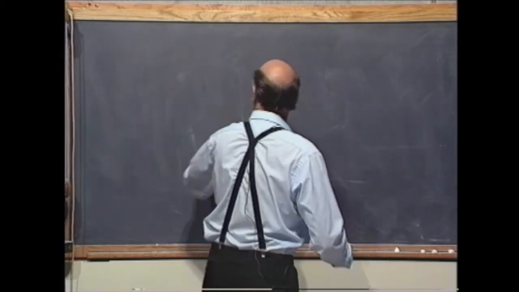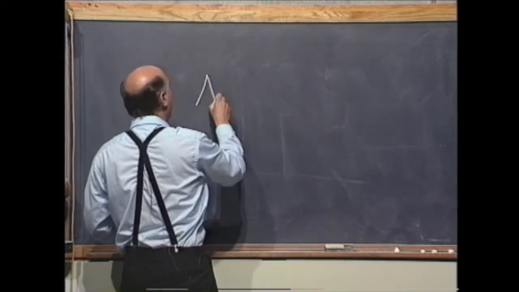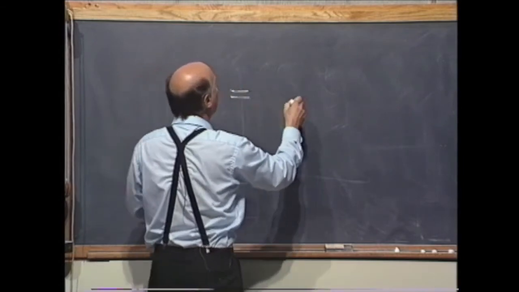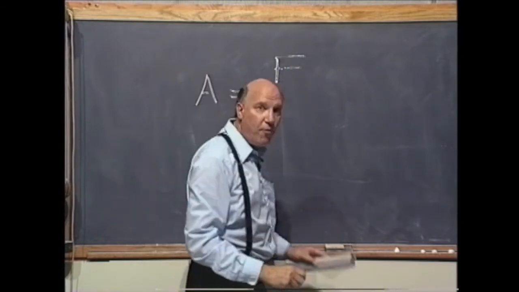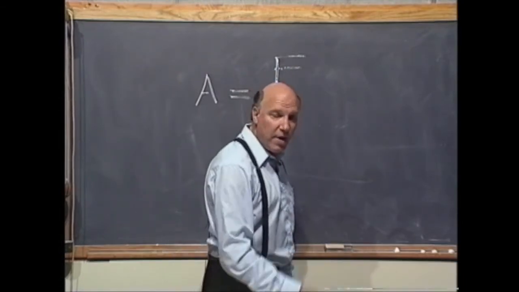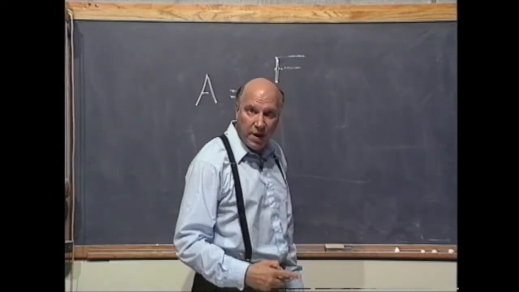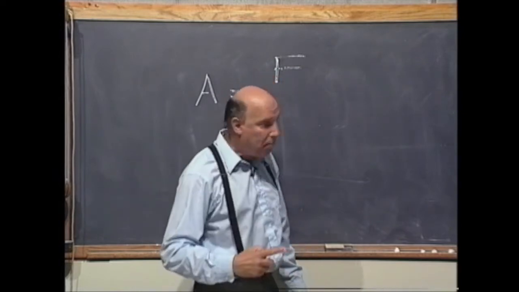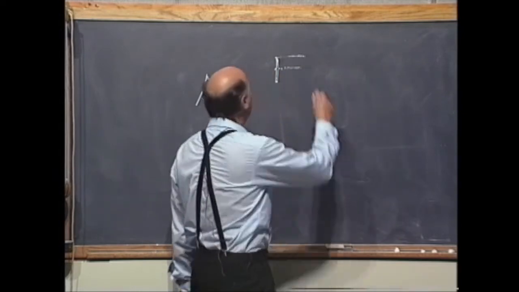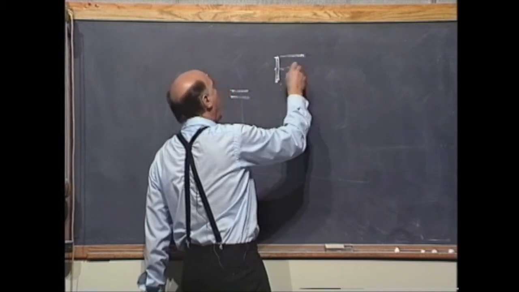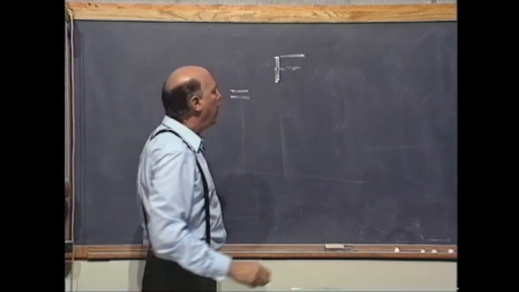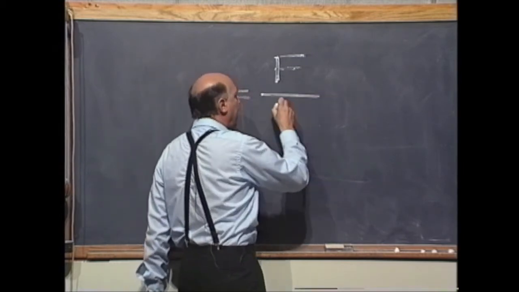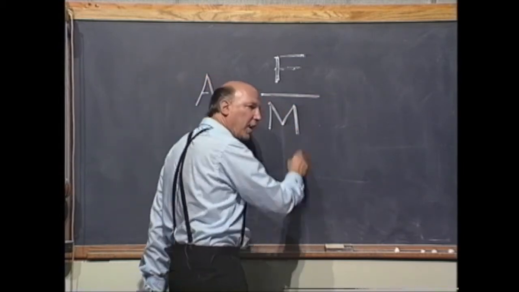It says that the acceleration of any object is equal to the force on the object. Isn't that right? More force, more acceleration. You know, bigger engine, more engines, more kick, more push, more acceleration. So as F gets bigger, A gets bigger. So the acceleration is equal to the force, but it's divided by the mass of the object.